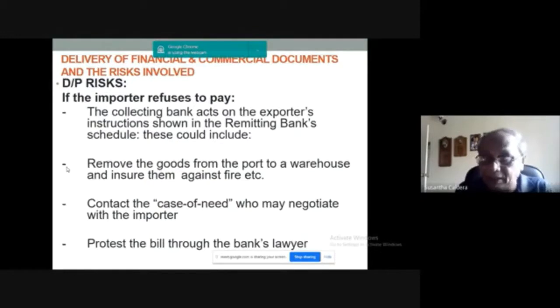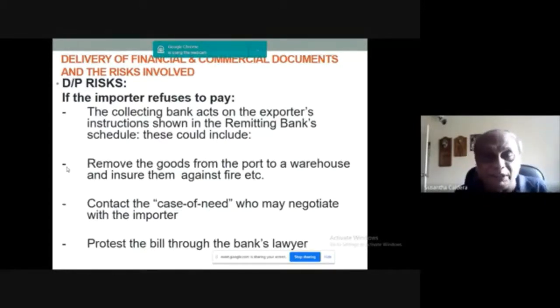We confirm having received the documents under the collection order, but however, we would like to state that we will not take any action to remove the goods from the port to a warehouse and insure them against fire, etc. Right? That is one thing.